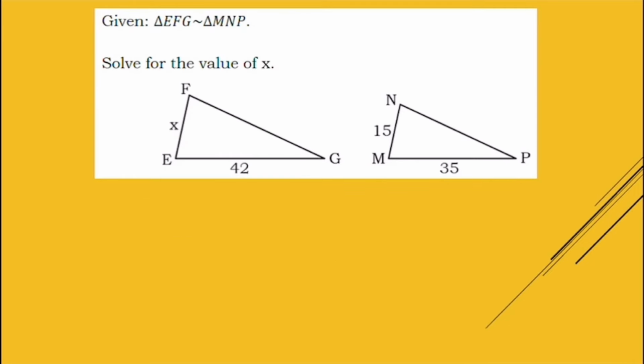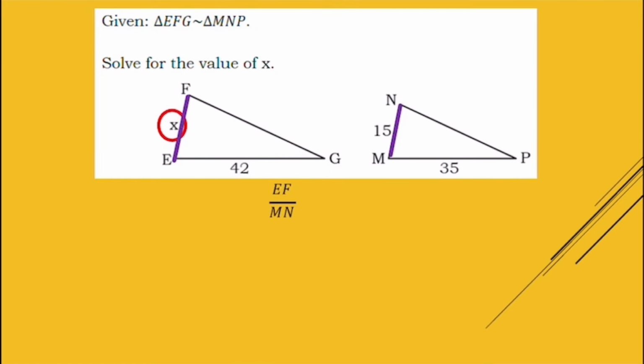For our second example, the given is triangle EFG is similar to triangle MNP. So let's solve for the value of x. So from here, to solve the length of the indicated side, let's set up a proportion involving the ratios of the corresponding sides.